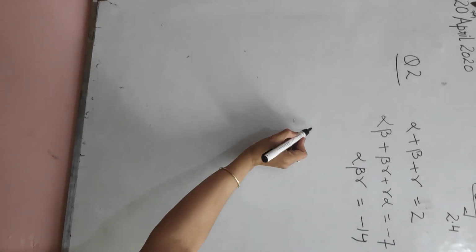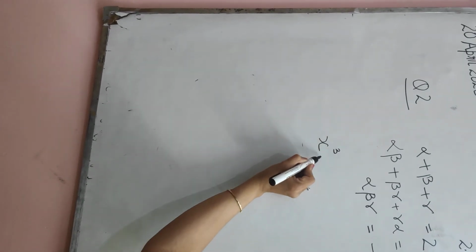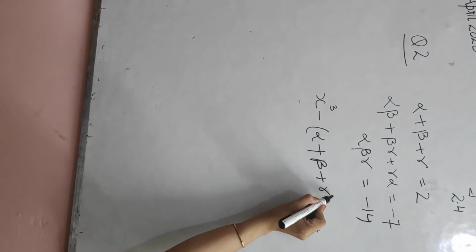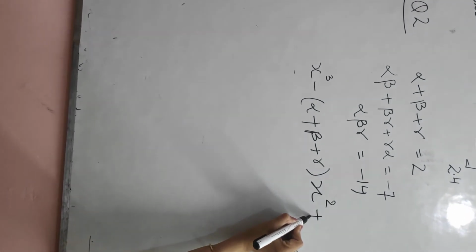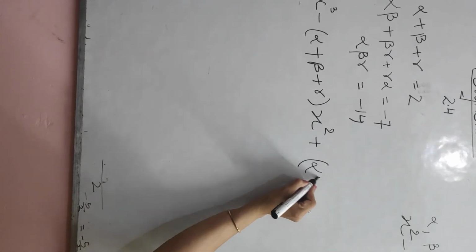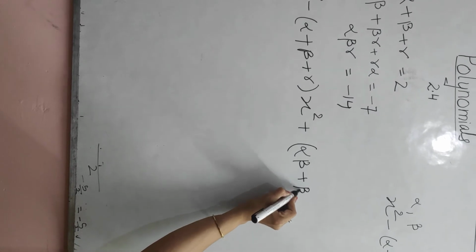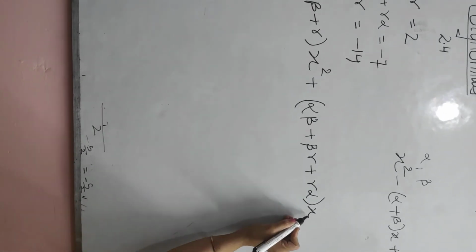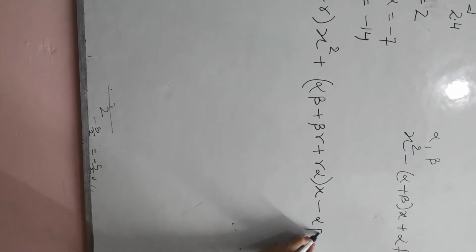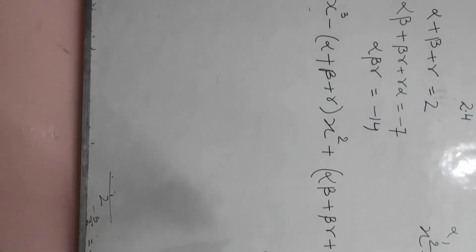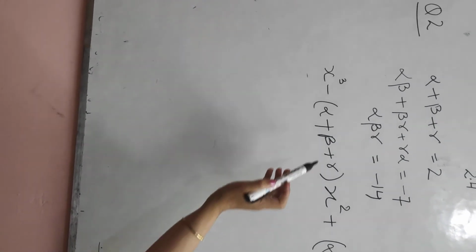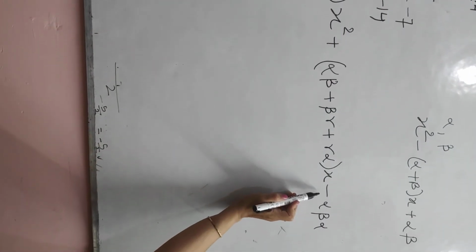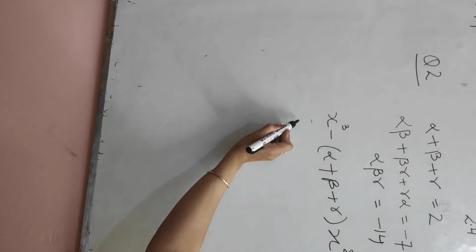So the formula used will be x cube minus sum of the zeros into x square plus sum of the product of the zeros taken 2 at a time, that means alpha beta plus beta gamma plus gamma alpha, into x minus product of the zeros. This is the required polynomial, and for learning आप ये याद रख सकते हैं, फर्स्ट टर्म पॉजिटिव, सेकेंड नेगेटिव, थर्ड पॉजिटिव and fourth negative.